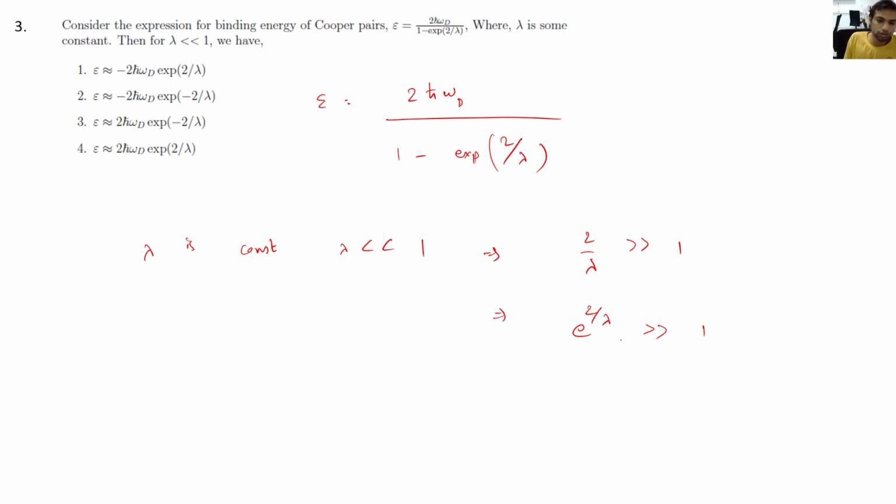So if you subtract, 1 is very insignificant as compared to e to the power 2 by lambda. So what we can write is epsilon is equal to 2 h bar omega d into 1 minus e to the power 2 by lambda. So this is a very big number, so big that we can neglect 1 as compared to this. Or we can also say that if this is very big, e to the power minus 2 by lambda is a very small number.